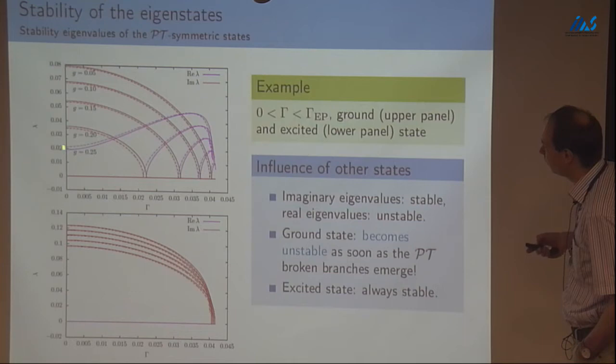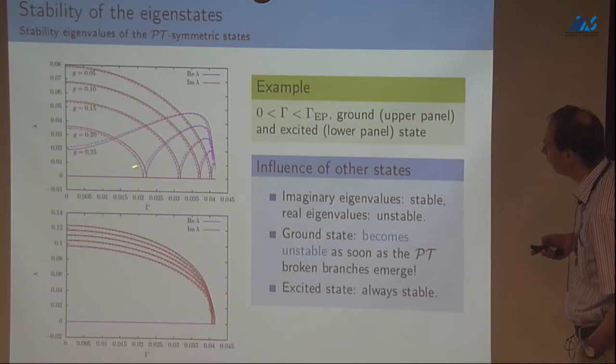We see that again for small values of the non-hermiticity parameter, we have these solutions where these states show a stable behavior, so imaginary eigenvalues, but at some point they change to real eigenvalues, showing that this condensate is unstable.